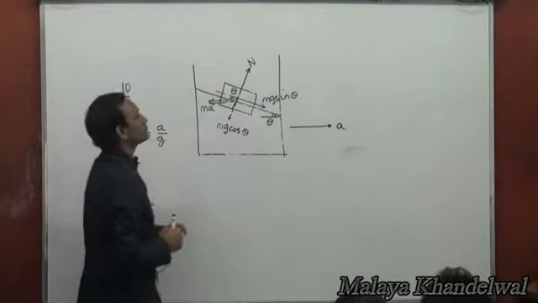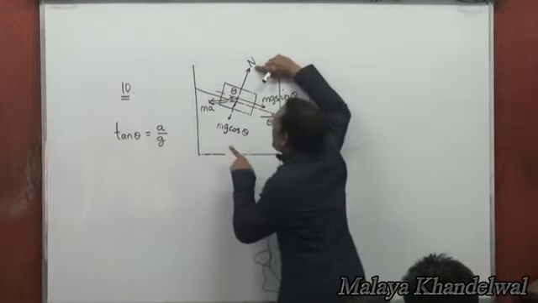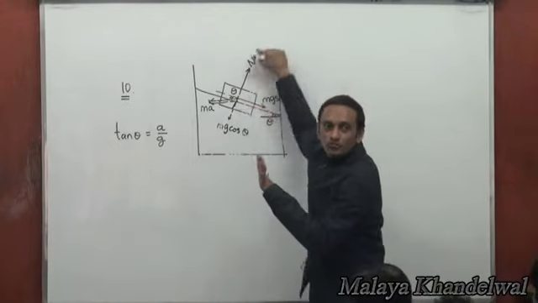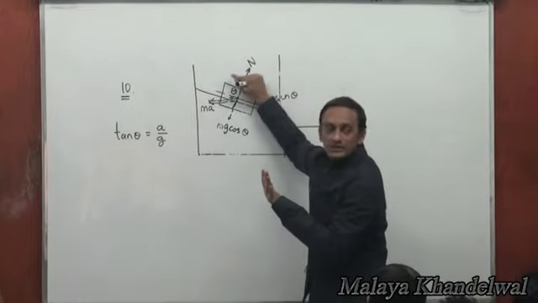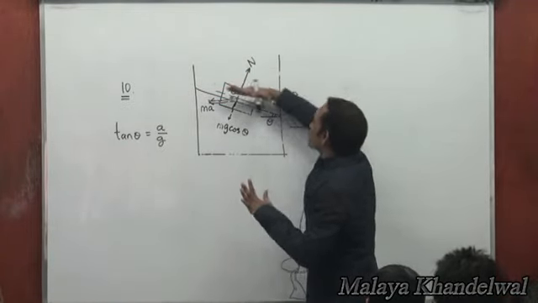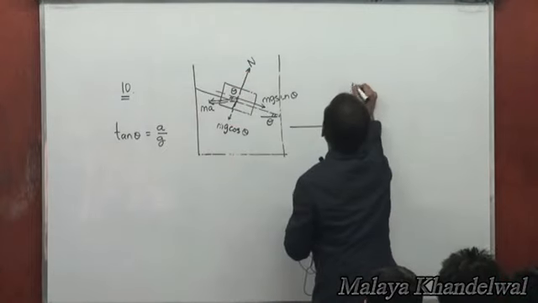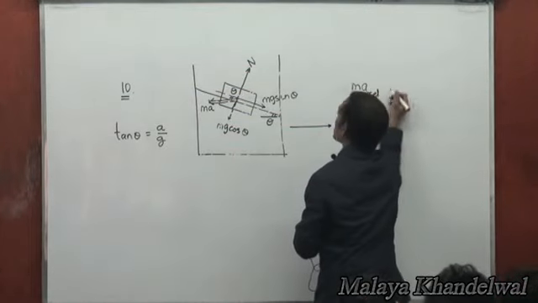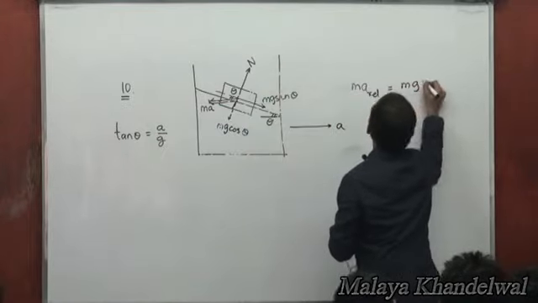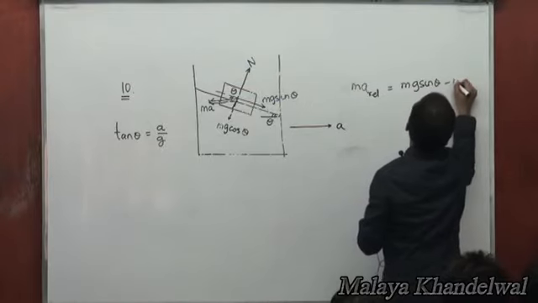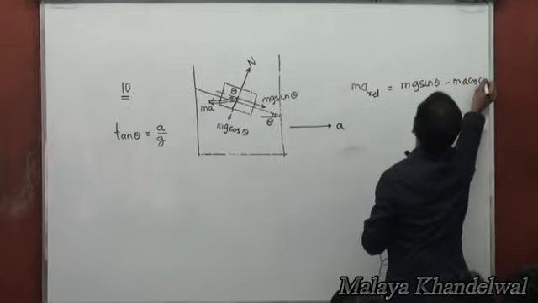Now, in this direction, the N would be such that it will balance all other forces. So, no relative acceleration in this direction. So, let me look at the prospect of having a relative acceleration parallel to the incline. Parallel to the incline, m a rel, relative acceleration, must be mg sin theta minus ma cos theta.